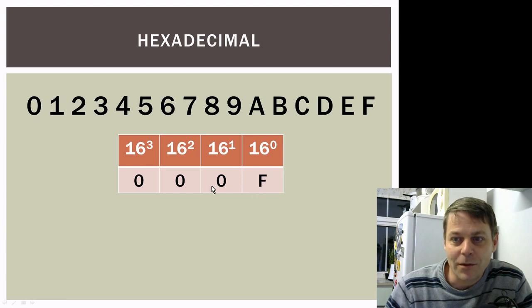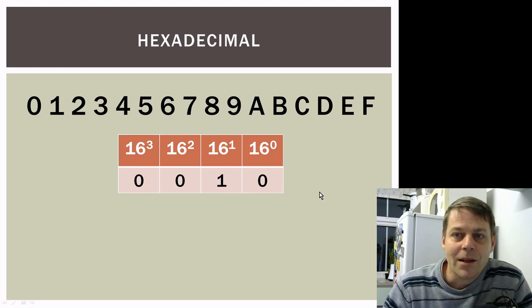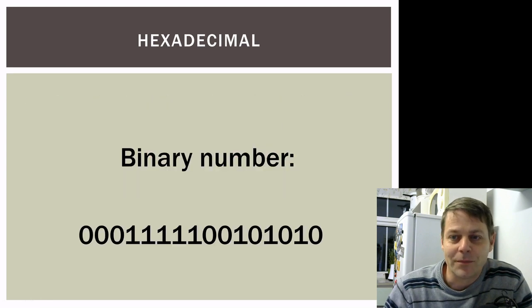So the next value is 10. Notice I'm not saying ten, because it's not 10, it's 16, but the digits are 1, 0. Now, why do programmers like hexadecimal so much?